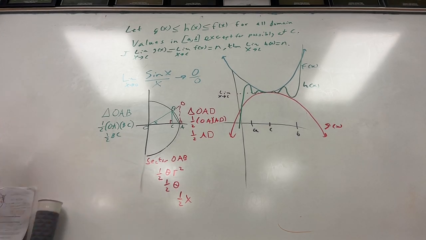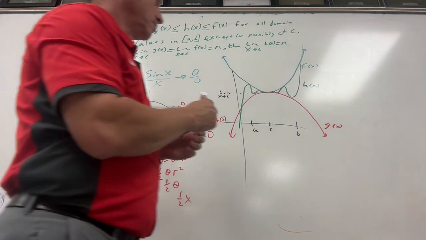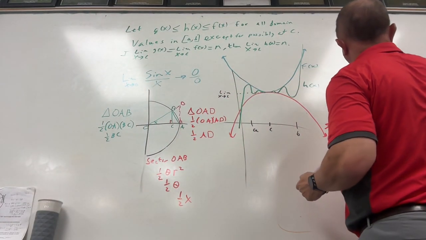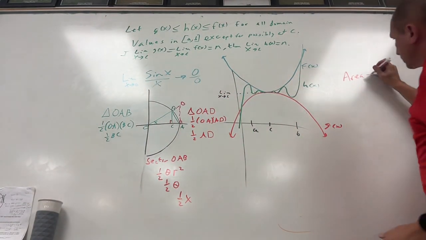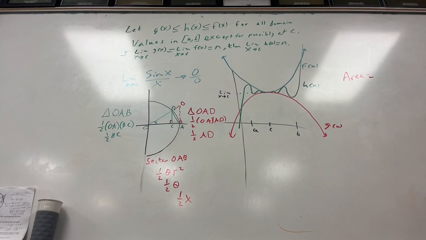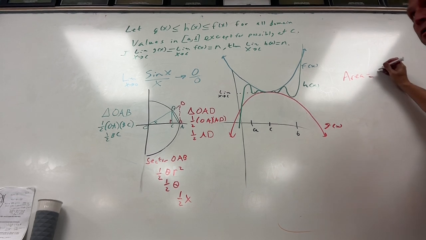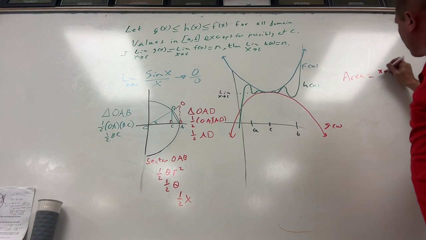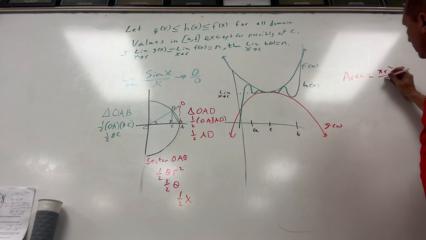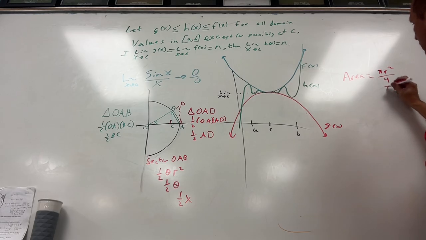Now, if you have a question, that looks kind of weird. If you have a question of why it works, think about it in terms of this. Let's think about a quarter of a circle. What is the area of a quarter of a circle if the radius is 1? It'd be pi r squared over 4, right? Which that r is 1. So it's pi over 4.